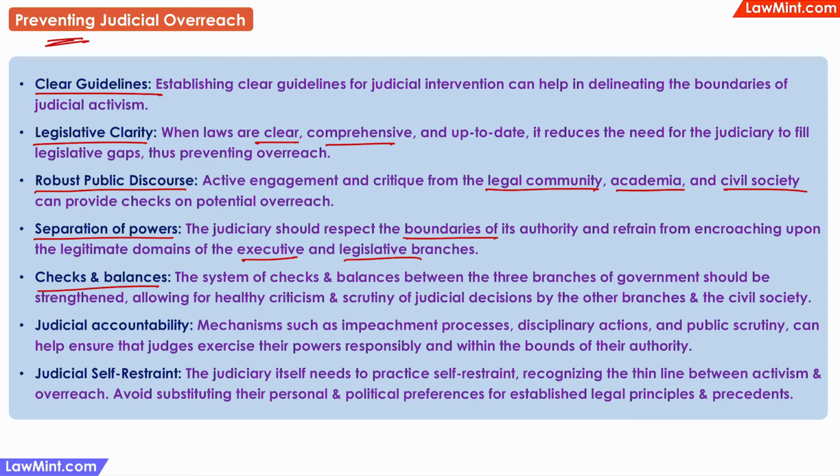Checks and balances. The system of checks and balances between the three branches of the government should be strengthened. Judicial accountability, which means that mechanisms such as impeachment or disciplinary actions can help ensure that judges exercise their powers responsibly and within the bounds of their authority.